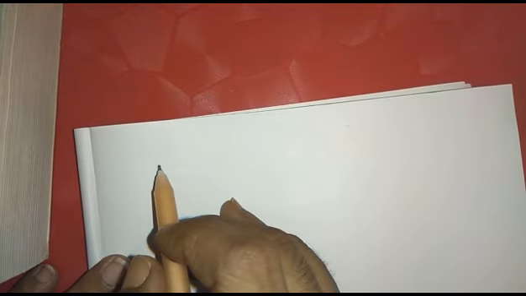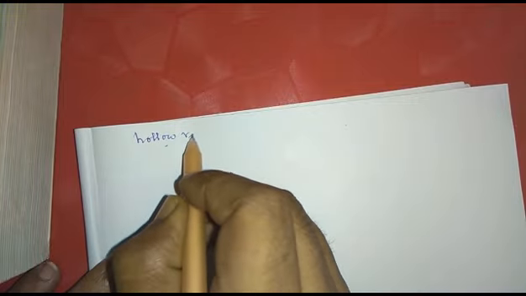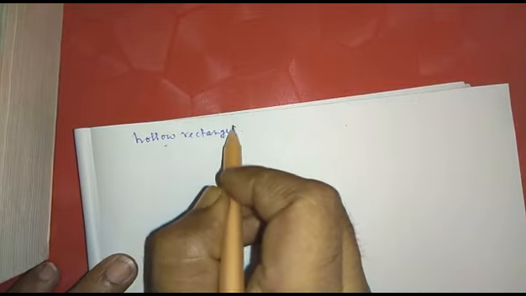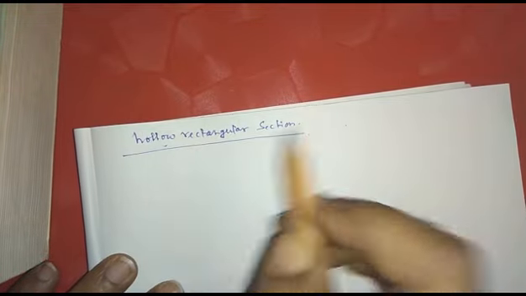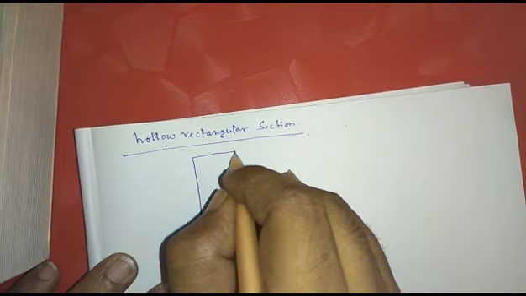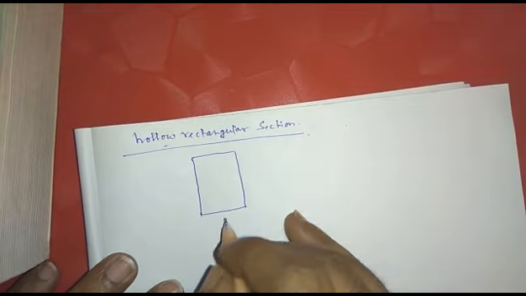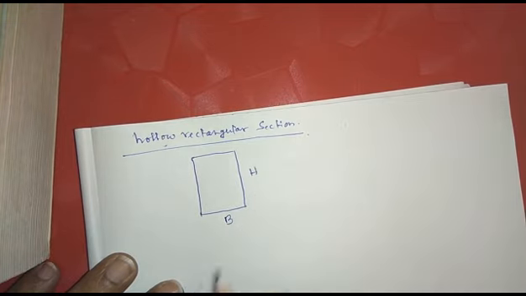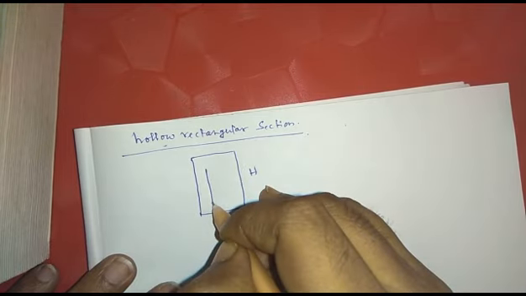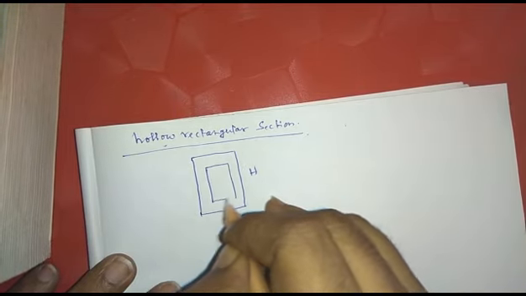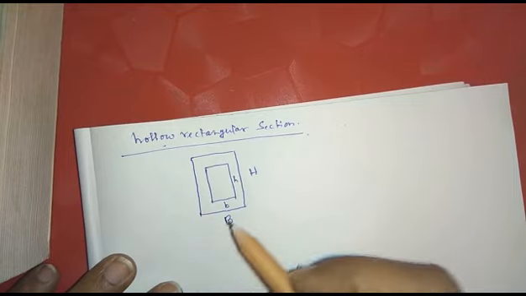Now we are moving to the hollow section. Suppose the hollow rectangular section. Say there is one rectangle of width b and height h, and there is another rectangle of width b and height h inside of it.